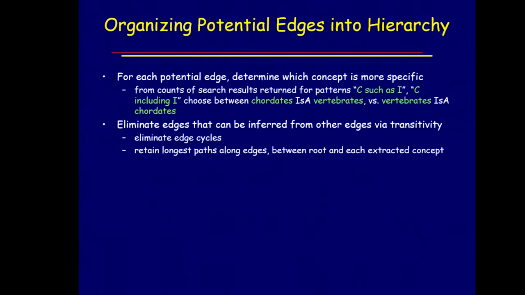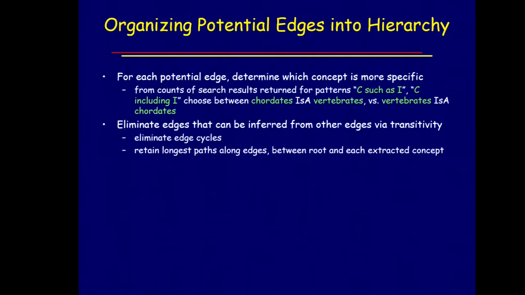And now, given these edges, they want to put them all into a correct hierarchy. So again they take all the pairs of any concepts that appear in there somewhere as nodes, and they check whether "C such as I" or "I such as C", in which direction does this seem to apply. If the counts for those patterns that are indicative of these relations are skewed, biased in one direction enough, whatever that means, then they would say, okay, this is an ISA pair, and not only is it an ISA pair, but now I know which direction it is. I know that this is lower and this is higher.